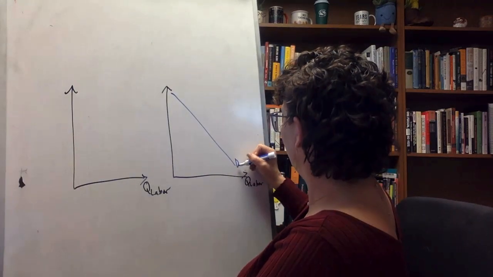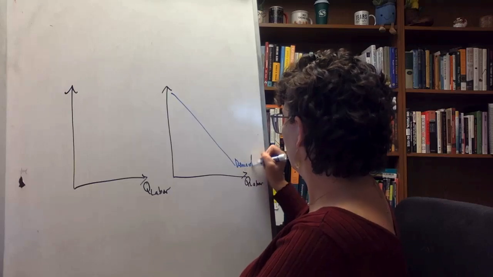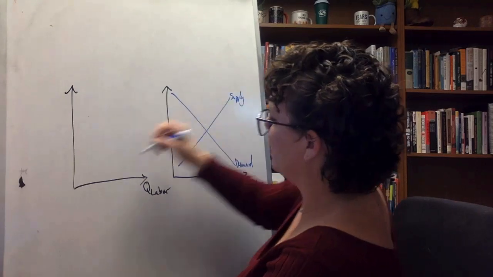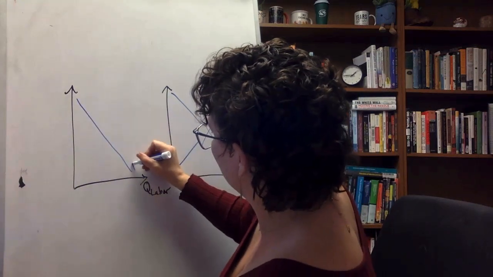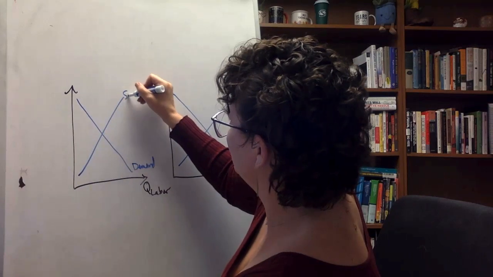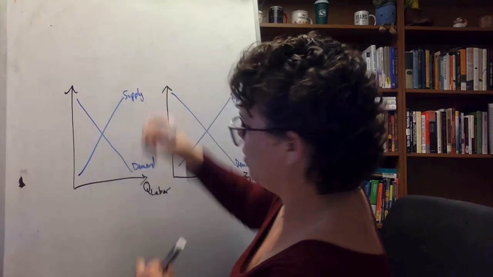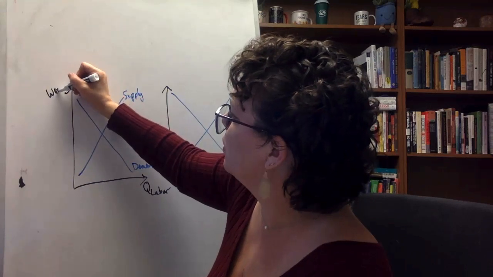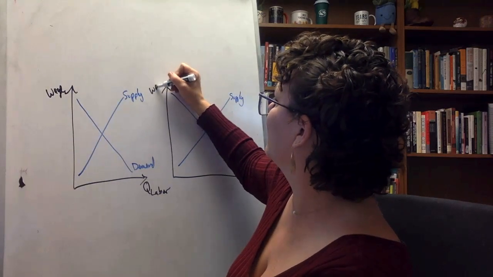But we're going to have labor demand and labor supply in both of these markets. And the price of labor, it turns out, is the wage, right? We're going to have a wage in each market.